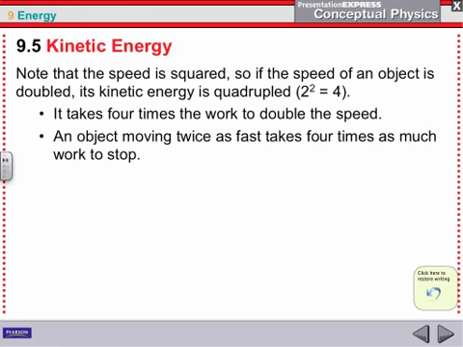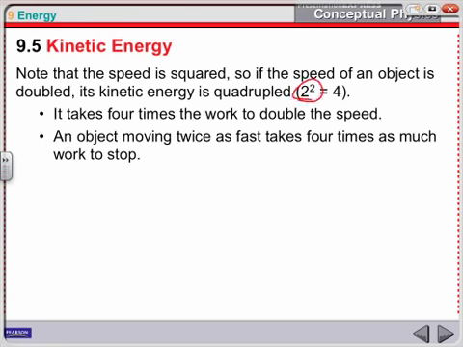Now, here's what we were talking about. If I double the velocity, I get 4 times the energy. So as I keep going up and up and up in terms of velocity, I get more and more energy. So in other words, think about this. If I want to take a car going at 10 meters per second and increase it to 20 meters per second, I haven't just doubled how much kinetic energy it has.